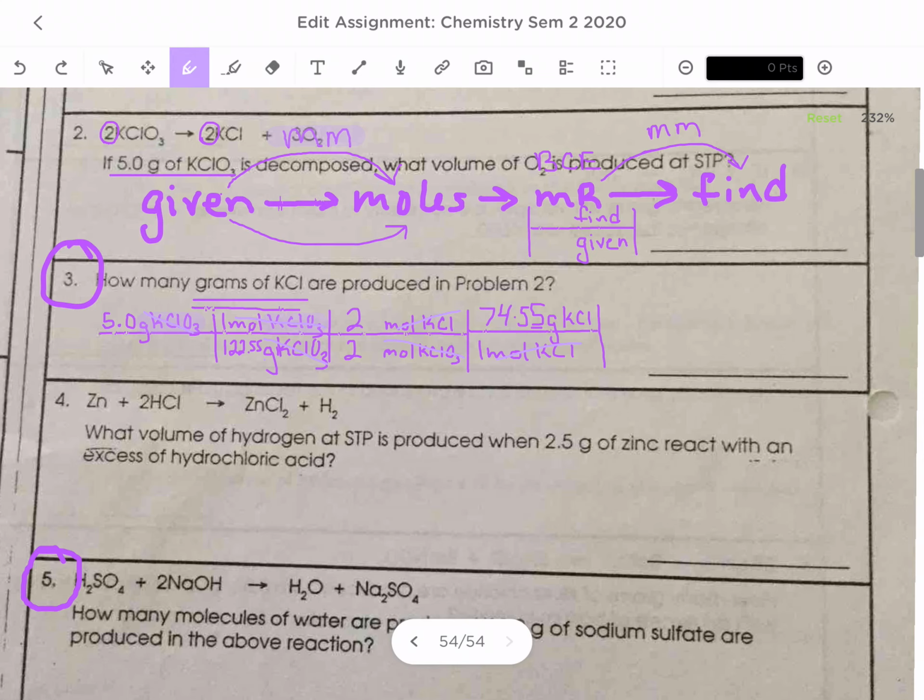So grams of KCl is what I'm trying to find, and I know that because it's listed right there. So now I'm going to do math.